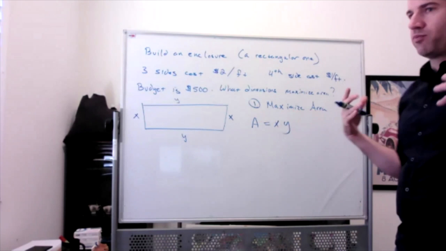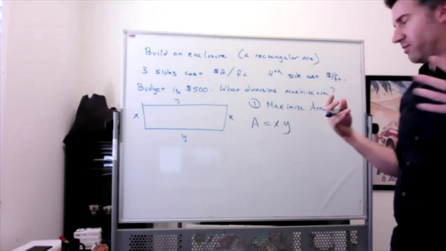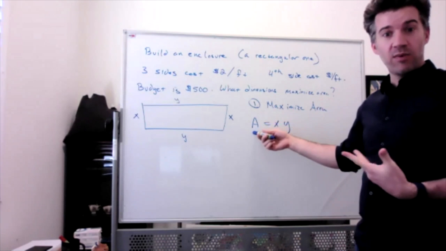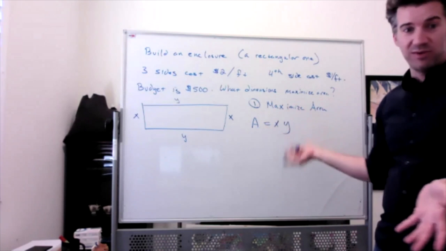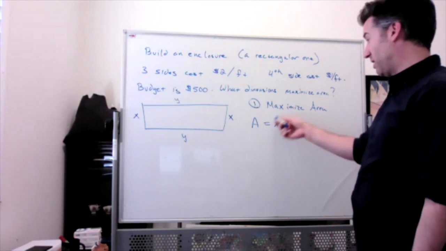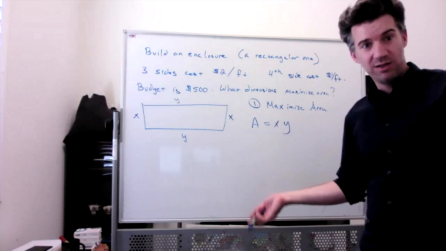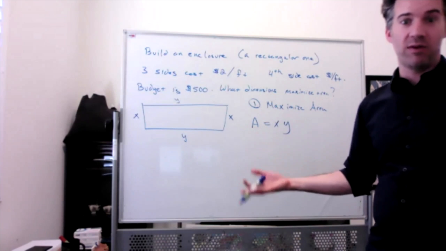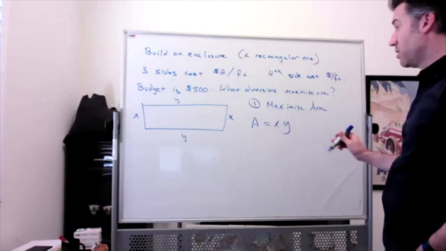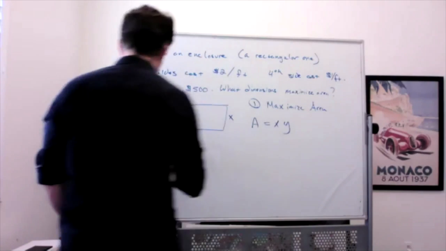And as you probably have gotten to realize by now, when we have a function we want to maximize that has 2 different variables in it, we really need to have just one variable, because we want to be able to write this so it looks like a parabola, so that we can find the vertex and see where the maximal value of the function is. So we need a constraint.